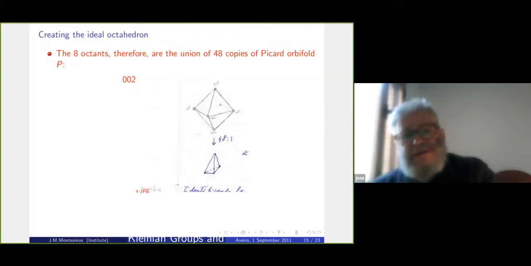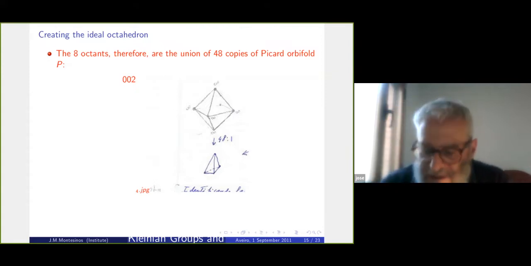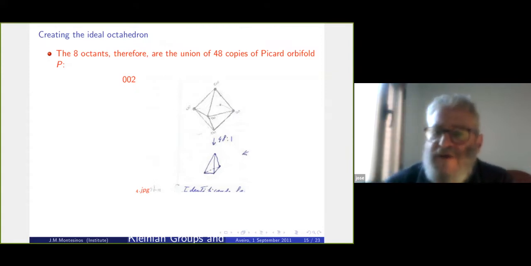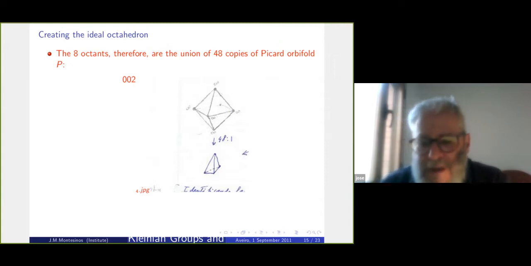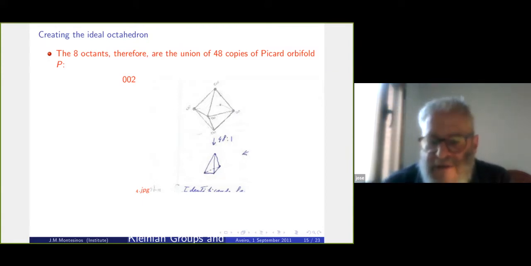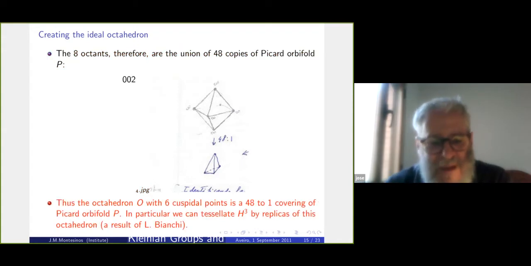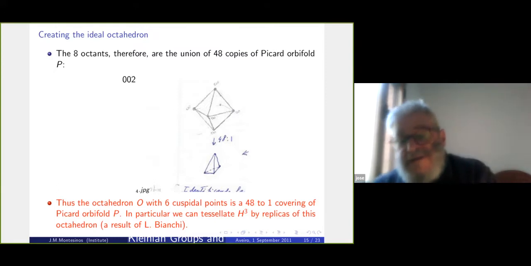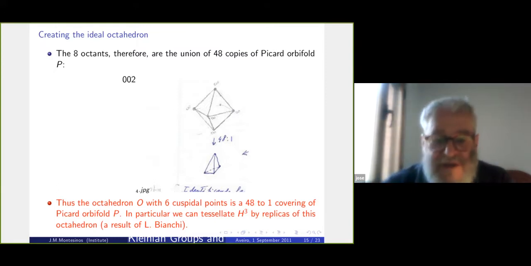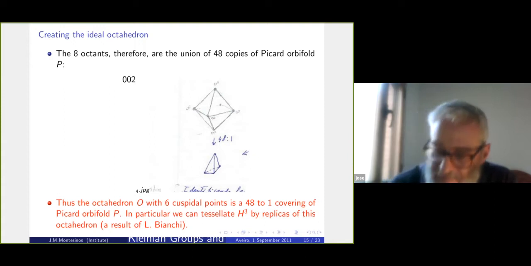So the 8 octants times the 6 tetrahedra are 48 copies of the Picard orbifold. So you have a map from the octahedron to the tetrahedron, which is 48 to 1. But the octahedron has 6 cuspidal points. In particular, we can tessellate the hyperbolic space by replicas of this octahedron, which is in fact a theorem of Bianchi.